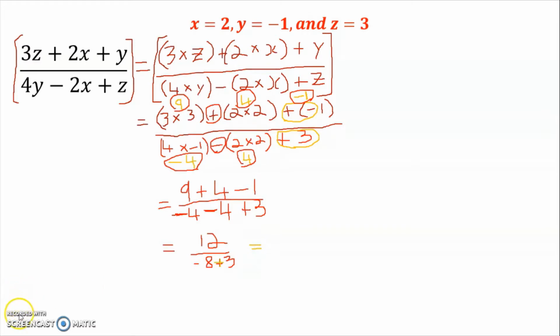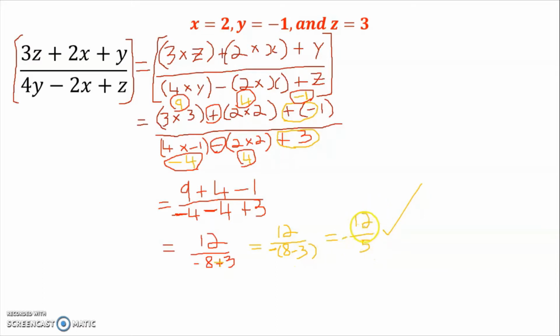So we get 12 over negative. The answer is negative because the larger number is negative. 8 subtract 3 is 5, so we get negative 12 over 5.